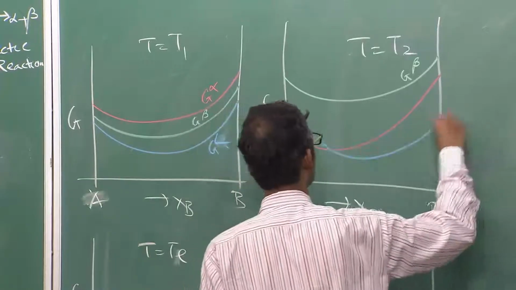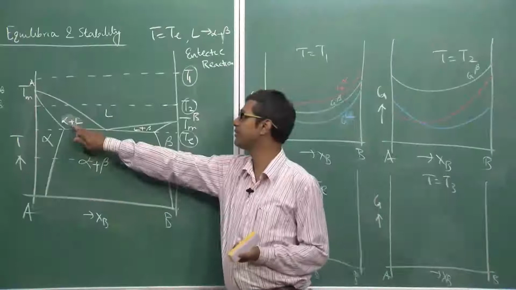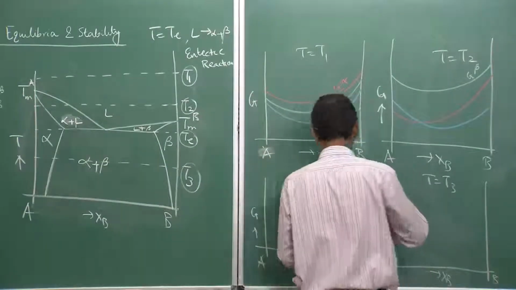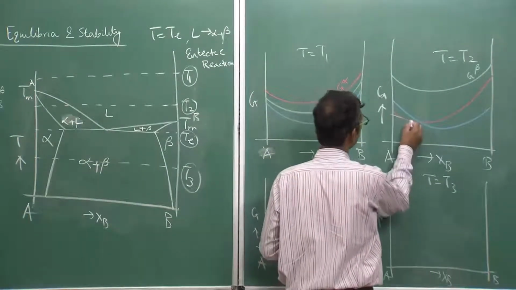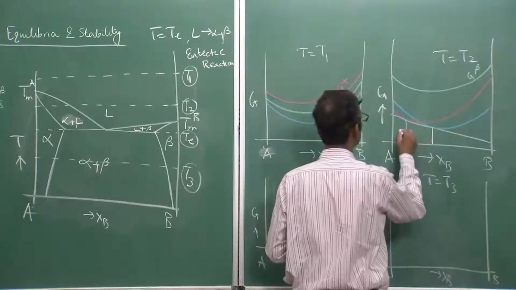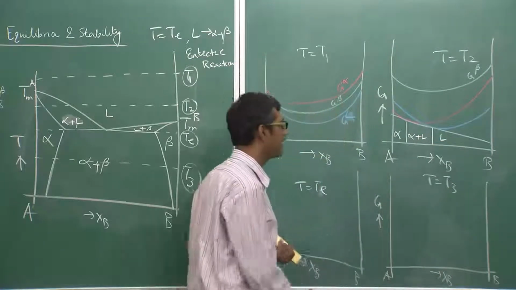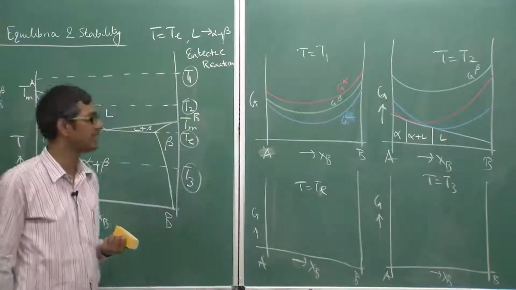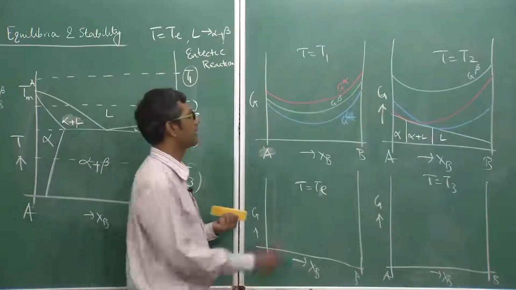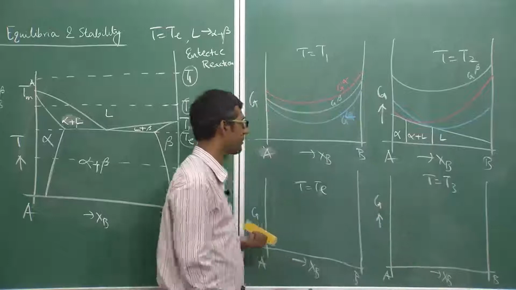It will have a crossover because alpha and liquid are stable in a certain composition range. Whenever I have a crossover, I draw a common tangent between them. It is very clear. Liquid has lower positions at one end, alpha at another, and between them liquid plus alpha is stable.